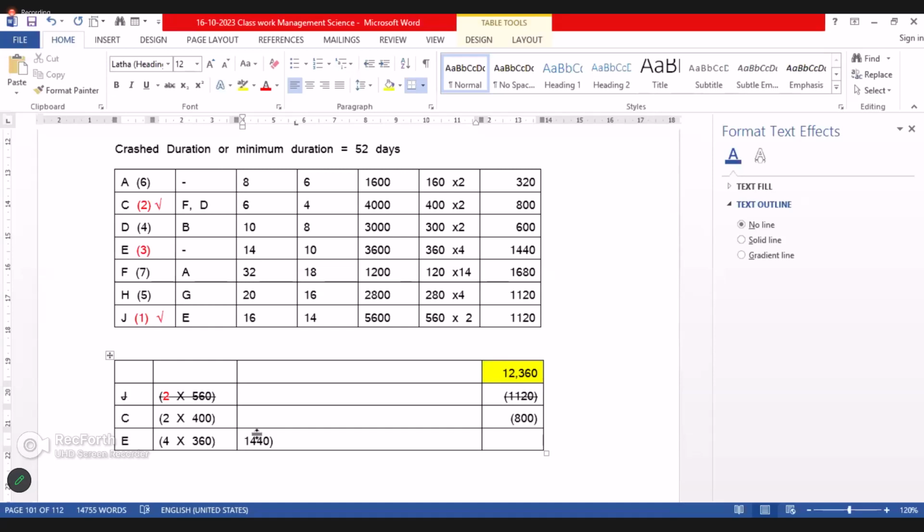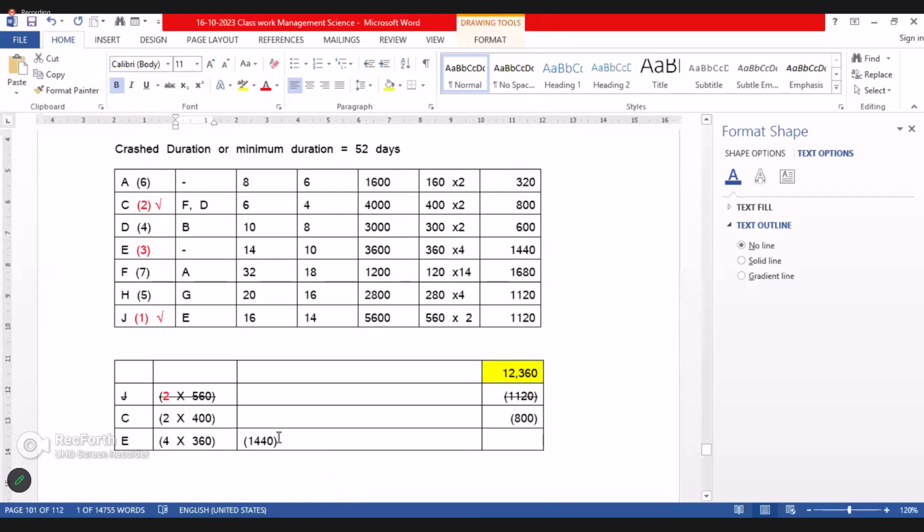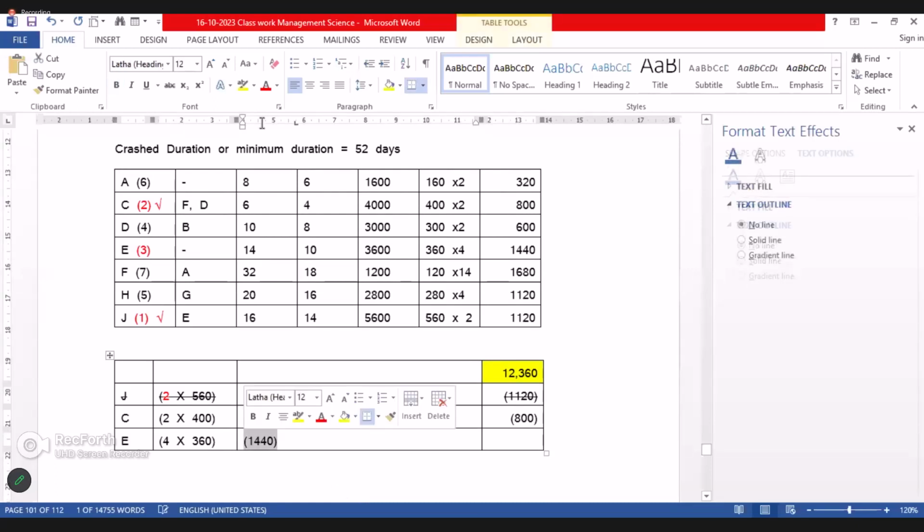What are other options? This is one and only option, right? E only for 4 days, then we can adjust by this amount. But if you already adjusted here the highest slope, we reduced 1120.